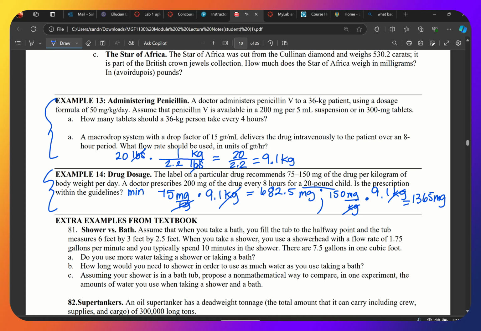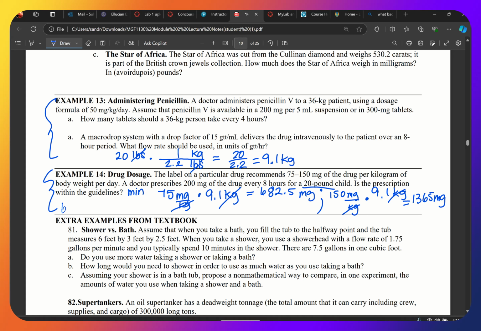Everybody with me so far? That's just a normal weight calculation. All right, the doctor prescribes 200 milligrams of the drug every 8 hours. How many times a day if you take it every 8 hours? 3, right? And what's 3 times 200?